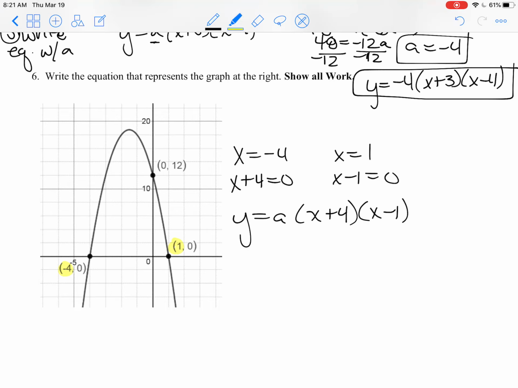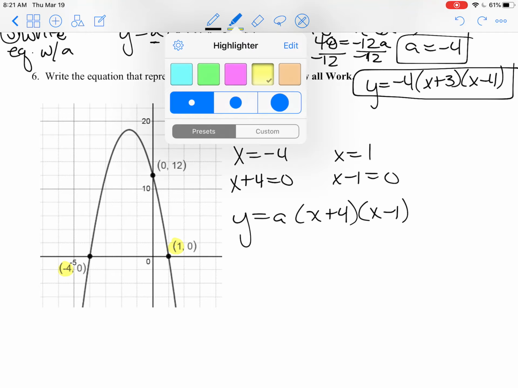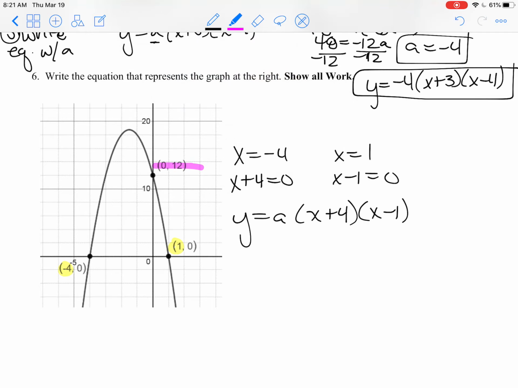Now the thing is, the third point, some students are trying to use like this one way over here. Don't. Use the one they give you. Use it. So put 12 in for y equals a times 0 plus 4 times 0 minus 1. Use any point that they give you. All right?